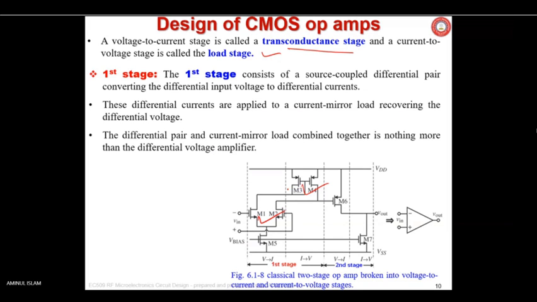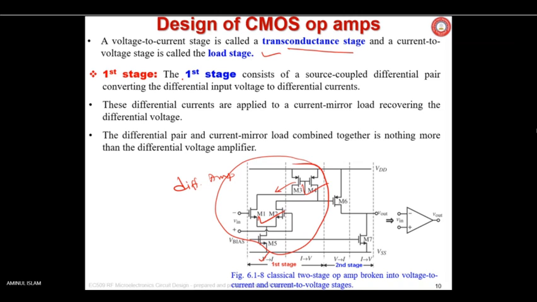So for this particular design of operational amplifier, this is the active load of this differential stage. This stage itself, combining all this, is nothing but a differential amplifier. One is converting the voltage into current, and this one is its active load.